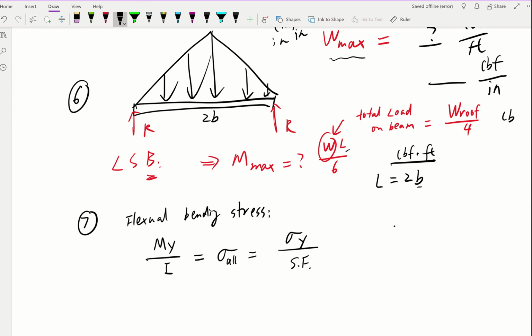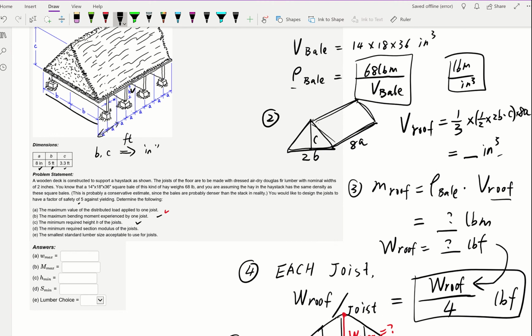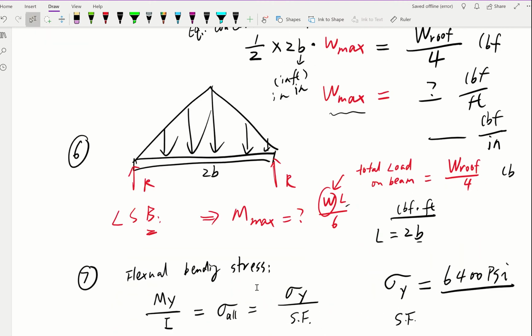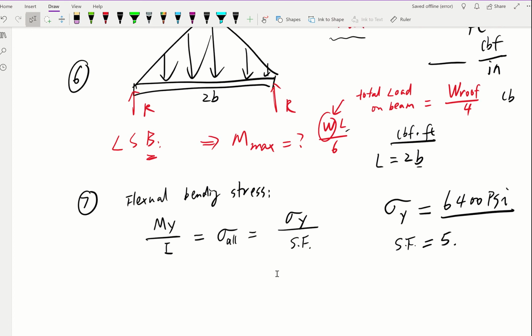So we first needed to know this yield strength for Douglas fir is actually 6,400 psi. You need to use that information to solve this problem. And the safety factor is given. So for mine, safety factor is 5. Okay, it's quite large, so they're very conservative designing this. All right, so safety factor is 5. Then you can find your allowable stress right here.